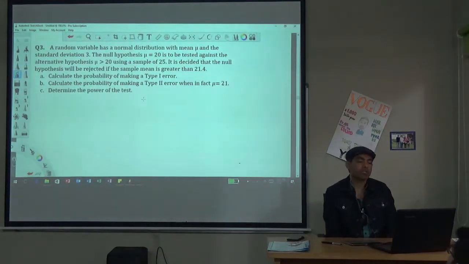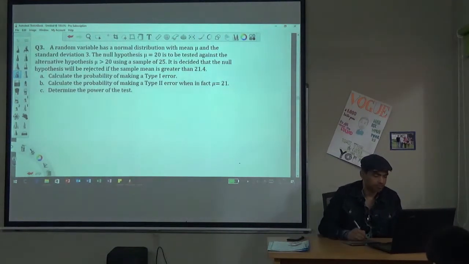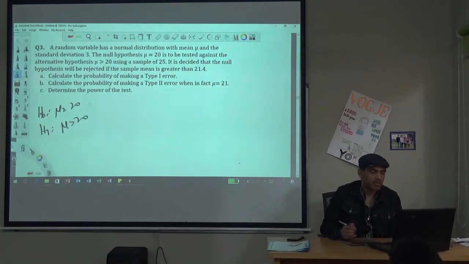Again, the null and the alternative hypotheses are mentioned. So it's about some random variable, let's say x, which is normally distributed. The null hypothesis is stated as mu equal to 20, and the alternative hypothesis is mu greater than 20.